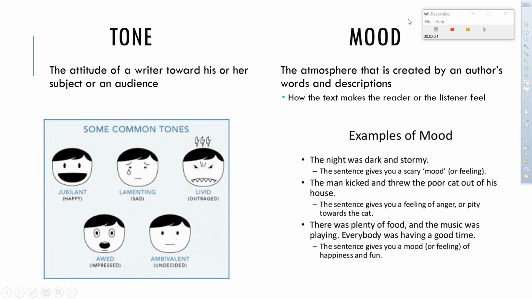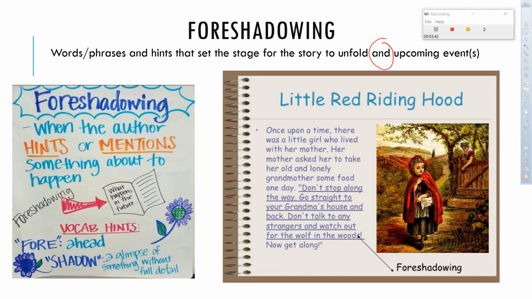The term is foreshadowing. It is defined as words, phrases, and hints that set the stage for the story to unfold in upcoming events. I just realized I have a typo, and the word "and" should be "an." So please make that correction in the definition. One cool thing I like about this visual is the vocab hints towards the bottom on the left.